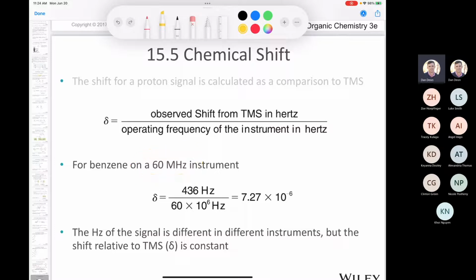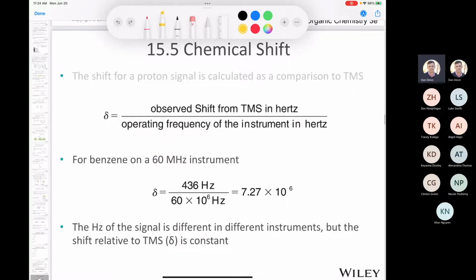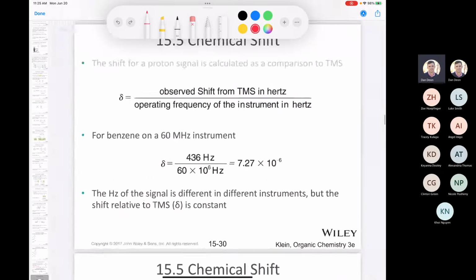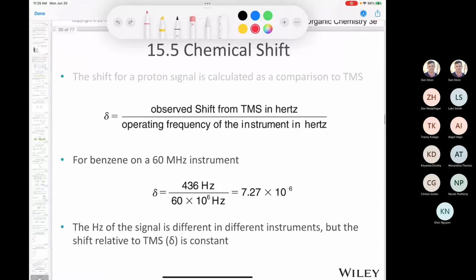Now the shift is not 2,100 and something hertz, it's only 436 hertz, but now we divide it by 60 megahertz, or 60 times 10 to the power of 6 hertz. The hertz units cancel out, and we end up with the exact same number that we saw on the previous slide, 7.27 times 10 to the negative 6.